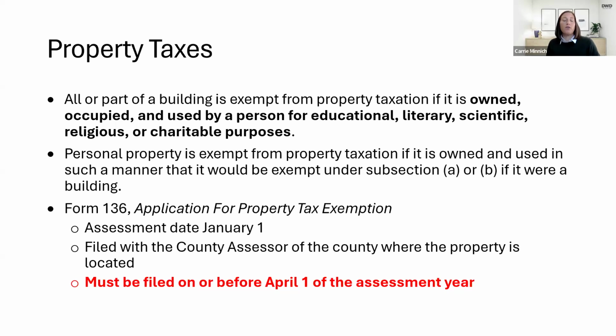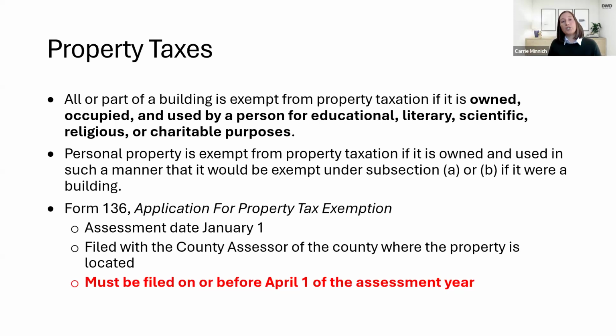So again, if you have property and you want to be exempt from property taxes, which I assume you do, you do have to file a Form 136. It's an application for property tax exemption, and it should be filed on or before April 1st of the assessment year. So if you are already in existence and you already have this in place, you don't have to worry about it.